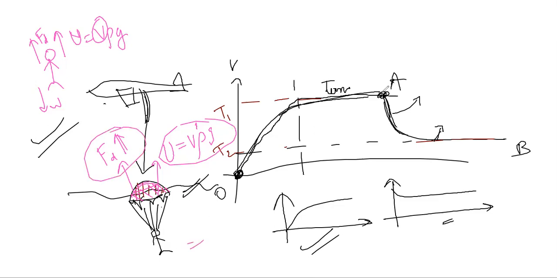So suddenly, when you open the parachute, your velocity will decrease to a large extent, because both upward forces have increased by a good amount. You got my point? Yes, I understand. So this is the case of terminal velocity and drag.